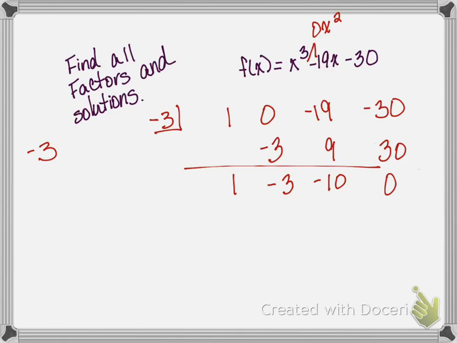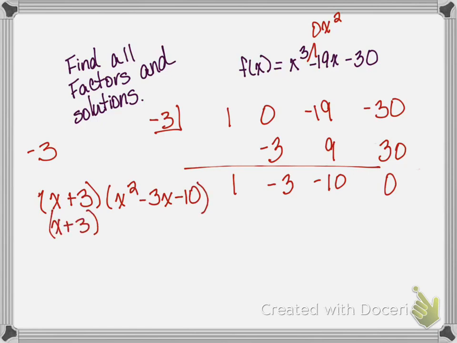If -3 is a solution, what's its factor? X minus 3. X plus 3. X plus 3 is the factor. Then I've got x squared minus 3x minus 10. I am able to factor that.